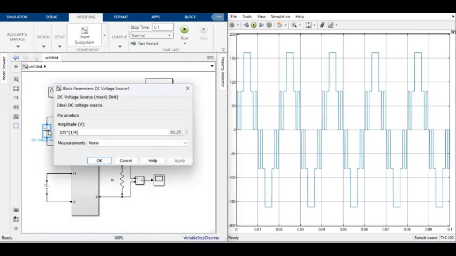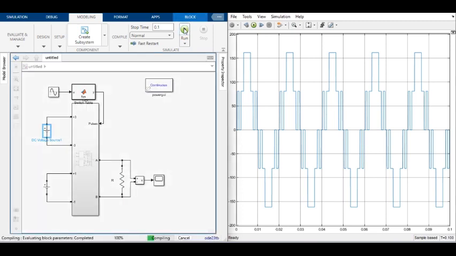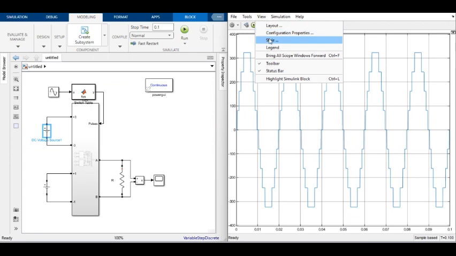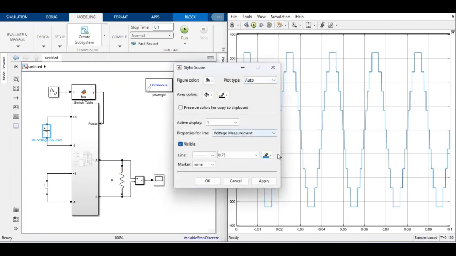Due to the wrong entry of the 3VDC, the 9-level output is not obtained. It is corrected and a 9-level output is obtained. THD value for the 9-level output can be measured using the option available in MATLAB.